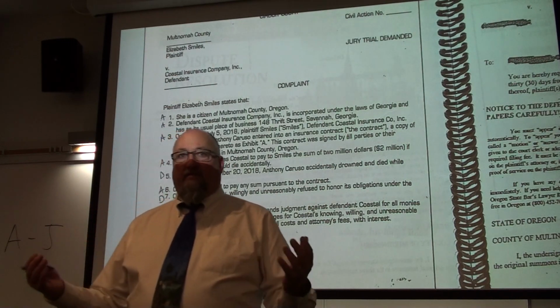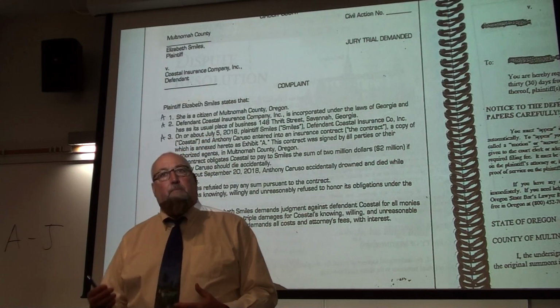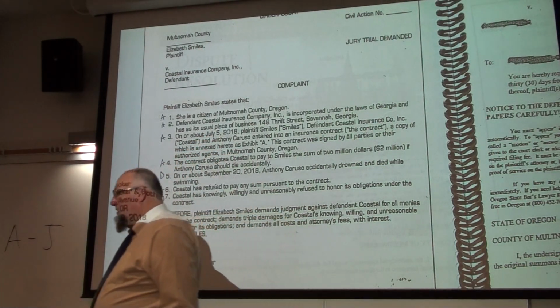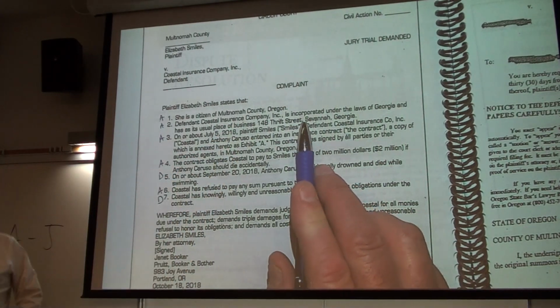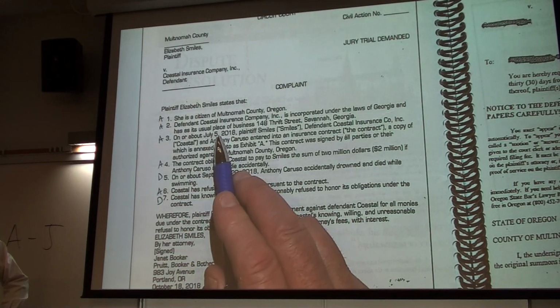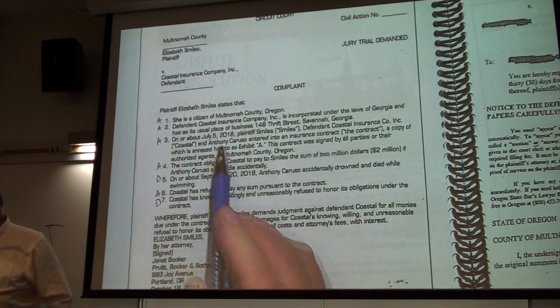So the parties have now agreed essentially on that fact. No longer needs to be proven in court, it's agreed. Number 2, they're agreeing that the insurance company is from Georgia. Number 3, they're agreeing the date, July 5th, 2018 was when the contract was signed.